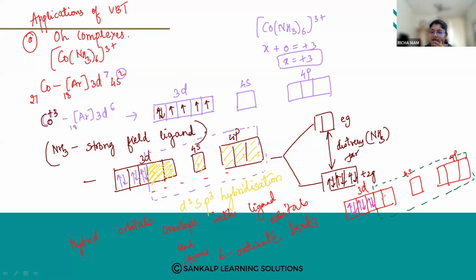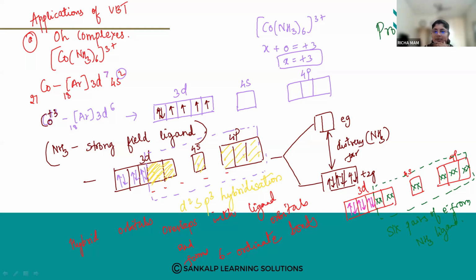So how are they filled? I can represent it by X. So these are filled up by ligand orbitals. These are the six pairs of electrons from the NH3 ligand. So what type of hybridization is it showing? Yes, it is showing you a D2sp3 hybridization.